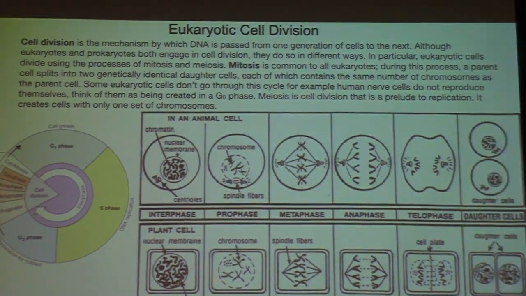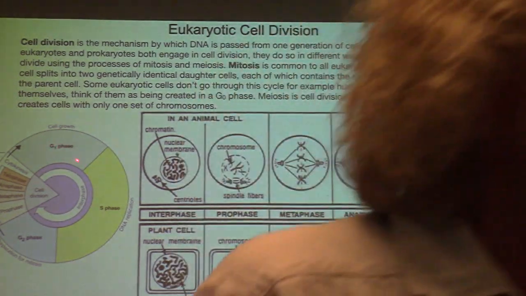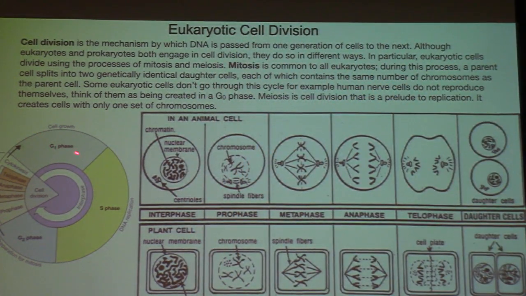In an animal cell, then, here are the phases that animal cell goes through. There's a phase in which the cell simply gets strong enough to undergo the idea that it's going to replace itself.